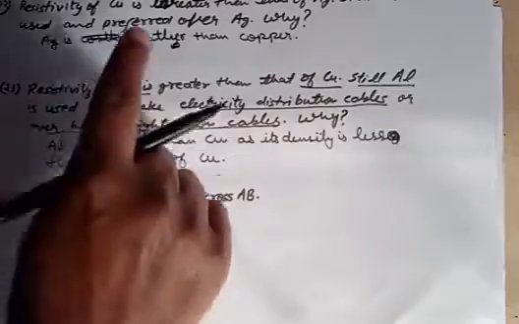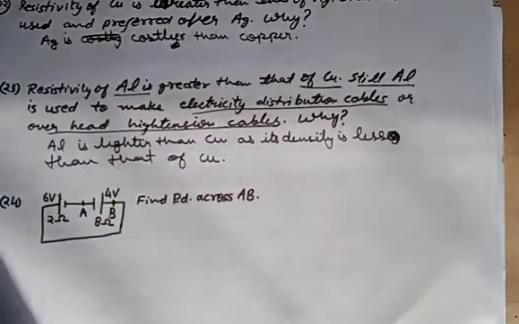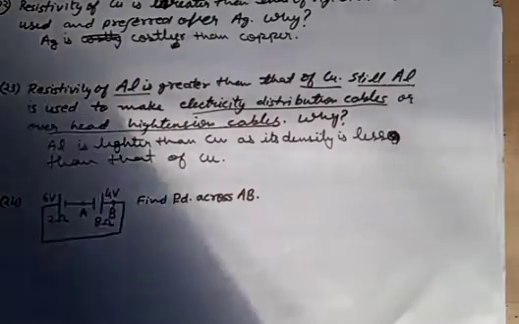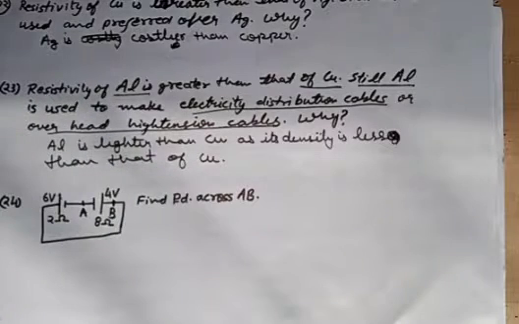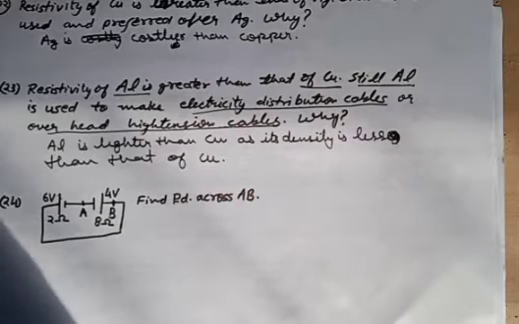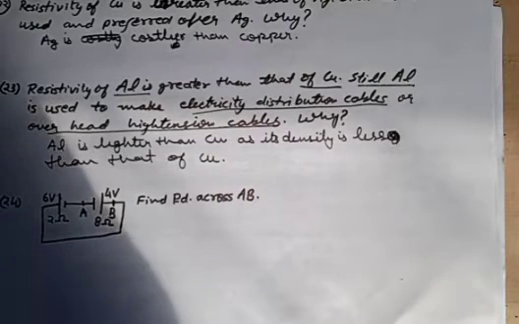So remember these two contrasts. Silver is the best conductor, but it is costlier, therefore copper is used, and aluminium has greater resistivity, yet it is used for overhead cables because it is lighter, because it is less dense.